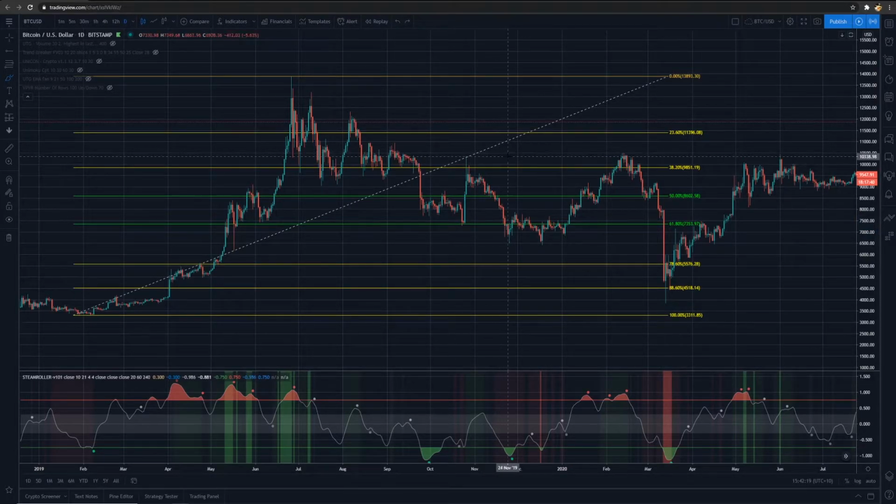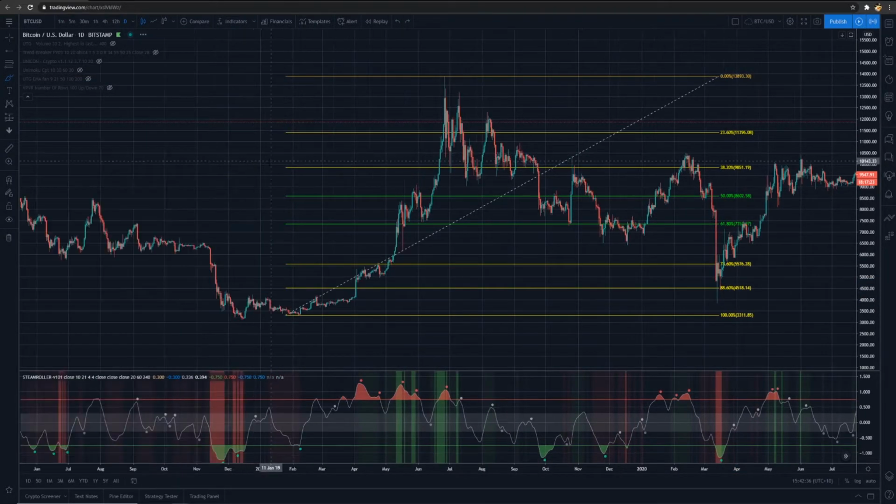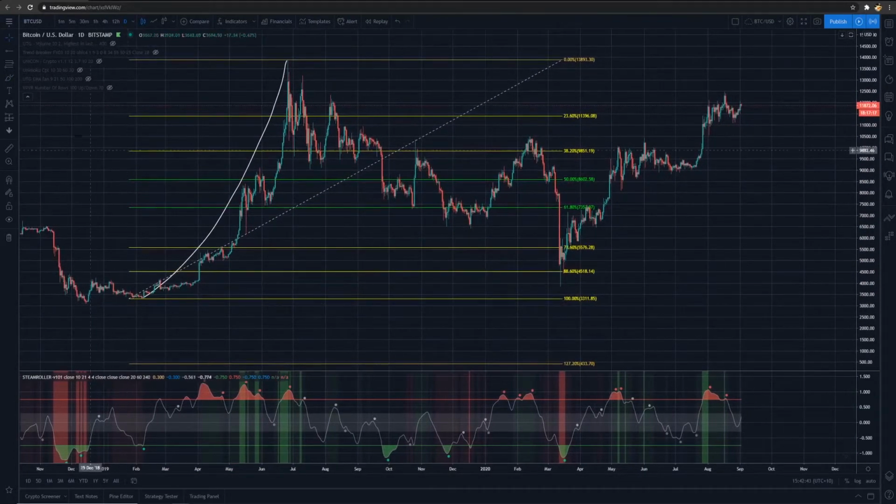Even descending all the way back down after this 38 touch, we were even able to leave the Fibonacci levels all the way down to the 88.6 at this 4,500 level for BTC, and still be successful. So you're looking at data that was between February and June to give you ideas of where price would end up in March the following year.